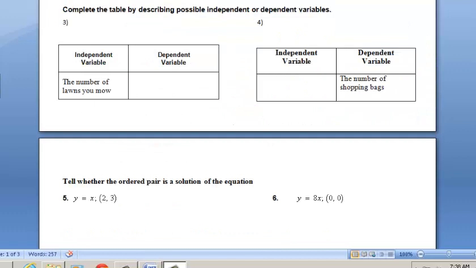All right, let's go ahead and take a look at number 3. They're asking you to complete the table by describing possible independent or dependent variables. And that's the key, possible independent or dependent variables. I'll do the first one, and this is just an example. Do not use the same example.